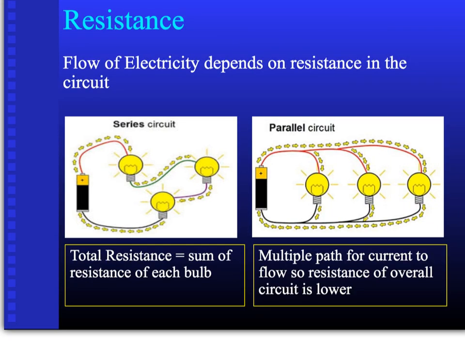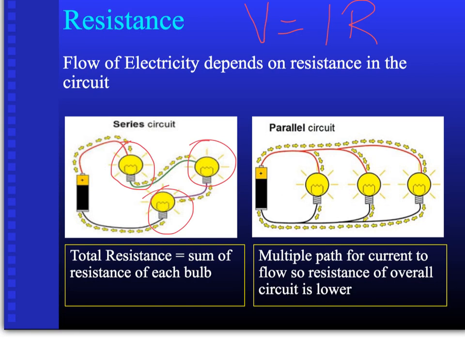And then, remember, we talked about that the flow of electricity depends on the resistance in the circuit based on Ohm's law. Voltage equals current times resistance. So the total resistance in the series circuit is the sum of the resistances of the three lamps.